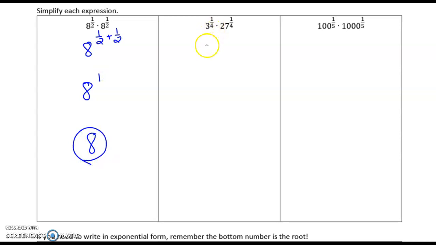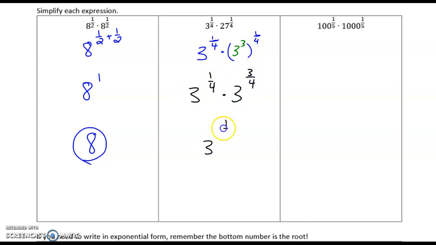Okay, 3 to the 1/4 times 27 to the 1/4, and we want to get these bases the same. So instead of leaving it as 27, let's rewrite 27 as 3 to the 3rd power. Then we can get 3 to the 1/4 times 3 to the 3/4, and now we can add those exponents.